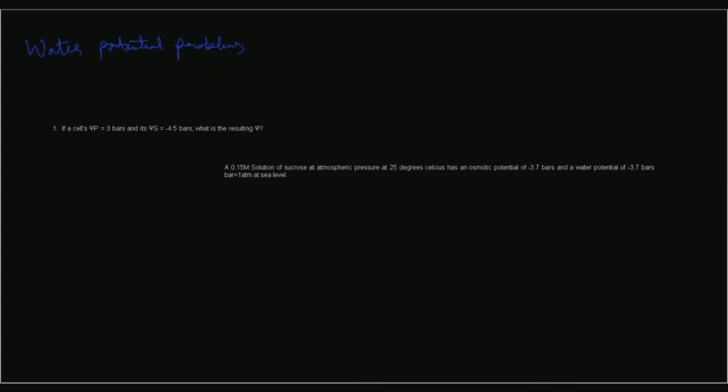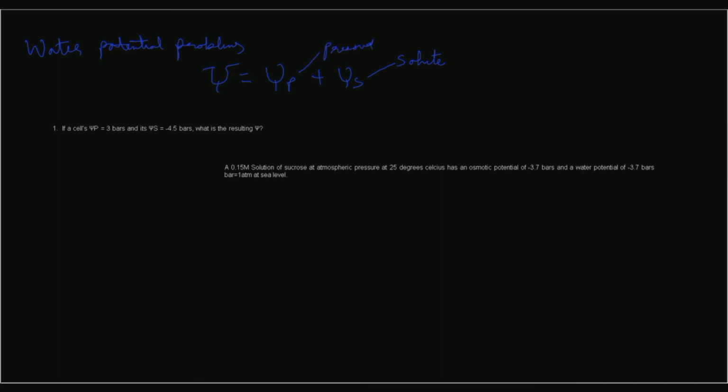Okay, let's go ahead and try to solve this problem. You might be like, whoa, what is this bars and this trident thing? Well, it's pretty easy. I can just give you a formula. Water potential is equal to the pressure potential plus the solute potential, P for pressure and S for solute.